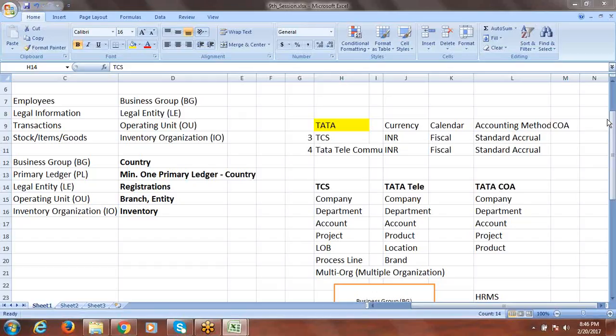So because of these reasons they'll go with separate primary ledgers. You can see some companies using a global chart of accounts. The chart of accounts used by India will be used by other countries too, because they'll finalize a chart of accounts which will support the global business requirements across the countries. Any questions on this, please?